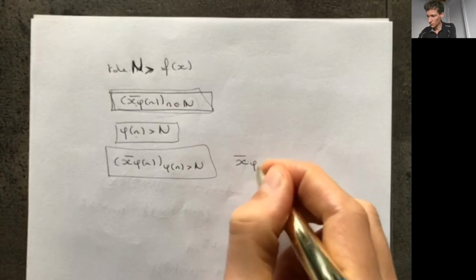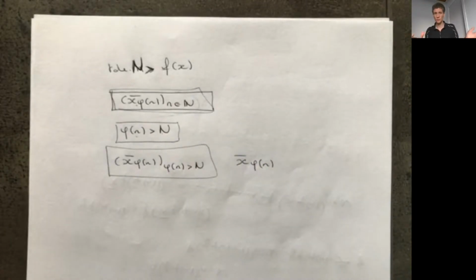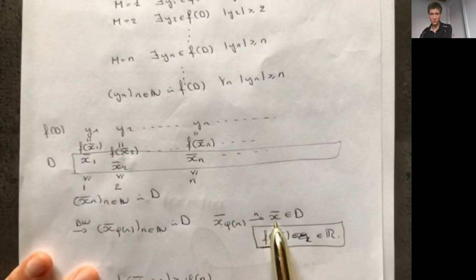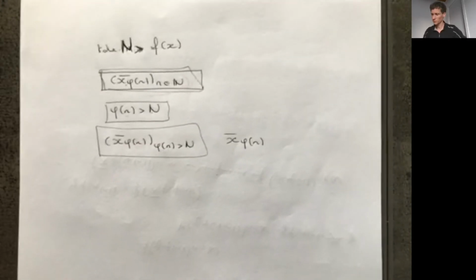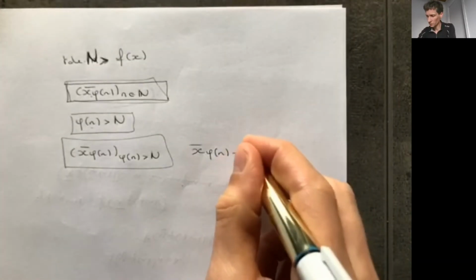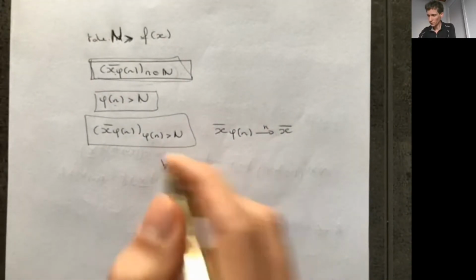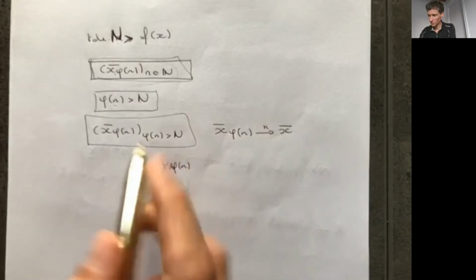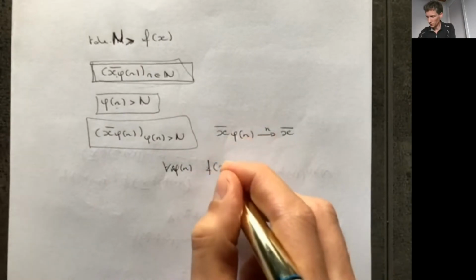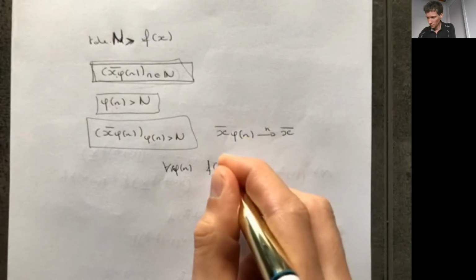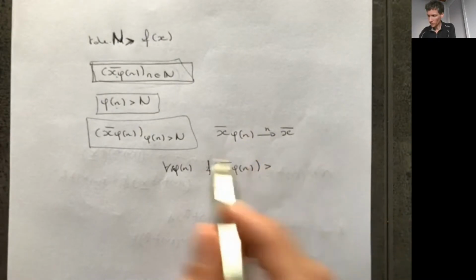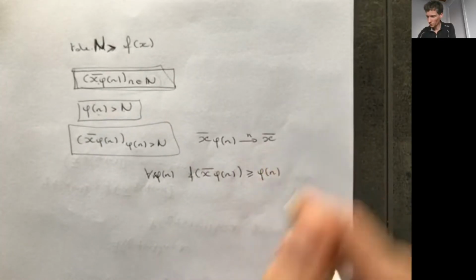Now I hope you realize that by only cutting off a part at the beginning, we don't interfere with the convergence of the sequence, right? The sequence still converges to the vector x. However, for all phi n's in the sequence, we also have that f of x phi n was greater or equal to phi n.